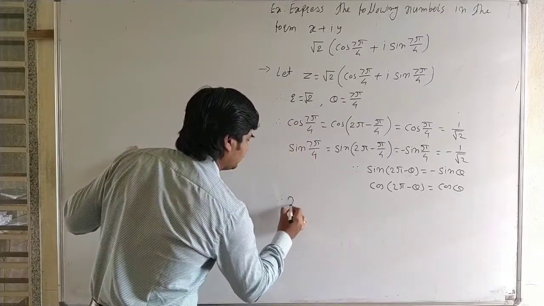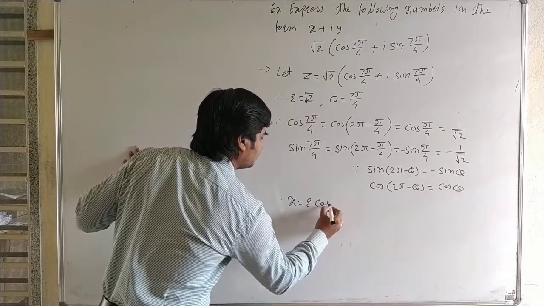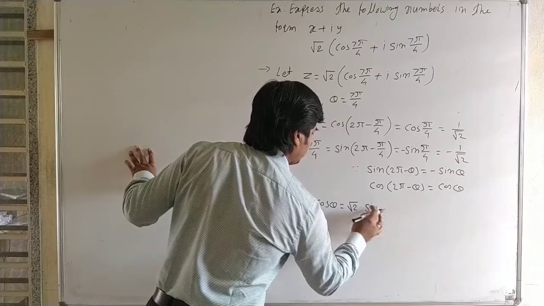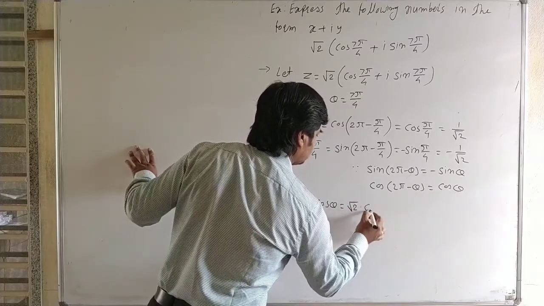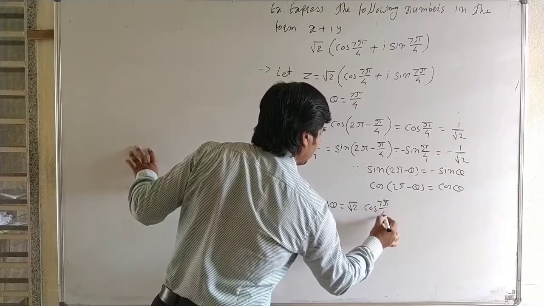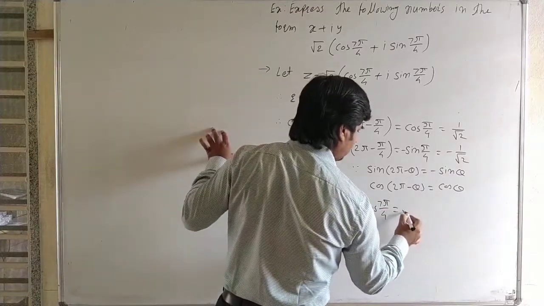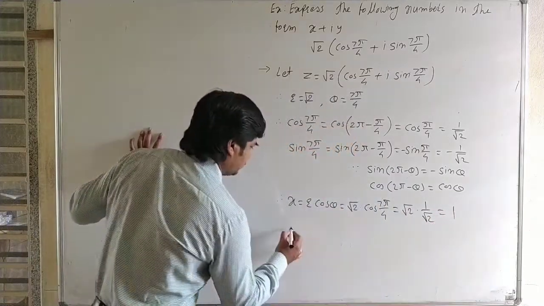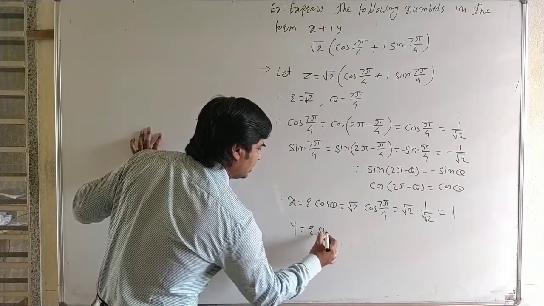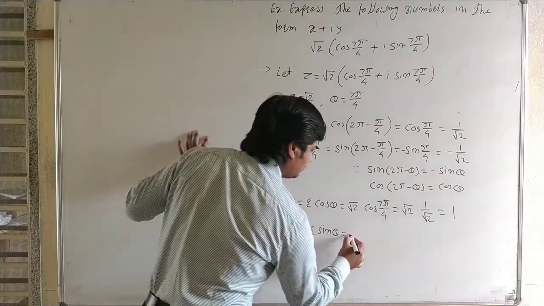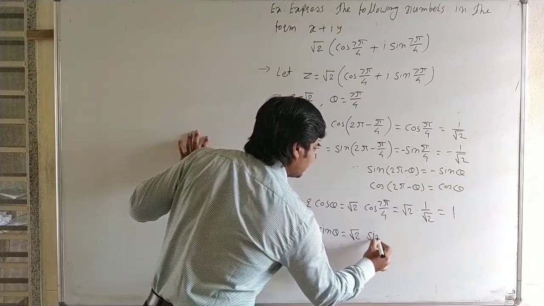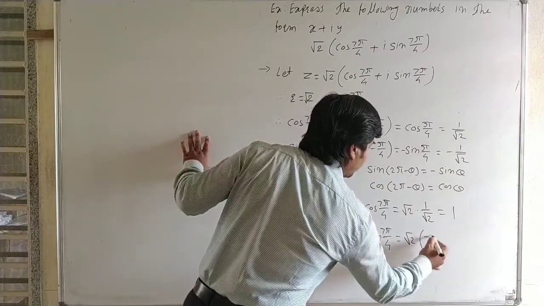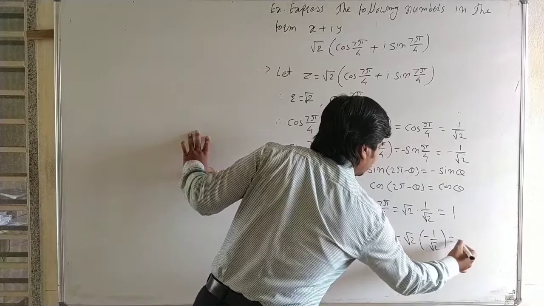Therefore x is equal to r cos theta, that is root 2 into cos 7 pi by 4, and cos 7 pi by 4 is 1 by root 2, so root 2 into 1 by root 2 is equal to 1. y is equal to r sin theta, therefore root 2 into sin 7 pi by 4, which is root 2 into minus 1 by root 2, and that is minus 1.